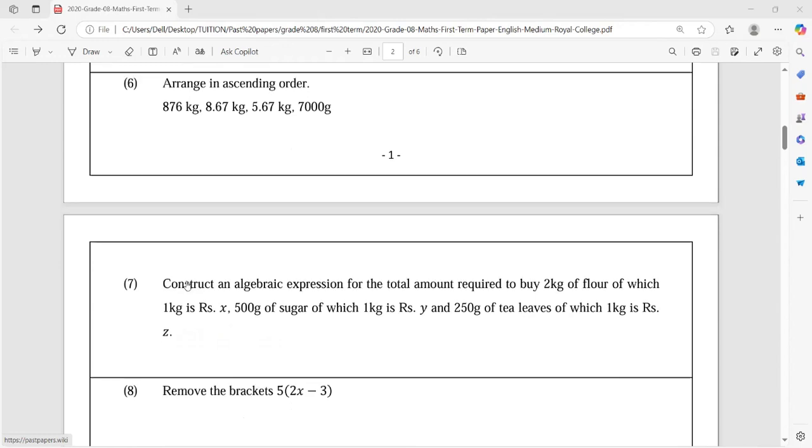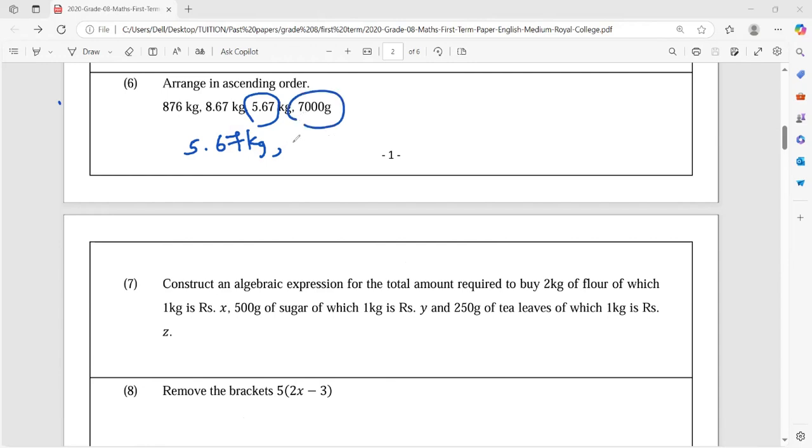So arrange in the ascending order. Okay, if it is ascending order, the smallest one has to be the first. And you can see here 5.67 kilograms is the smallest. 5.67 kilograms, and then you have 7 kilograms, right?